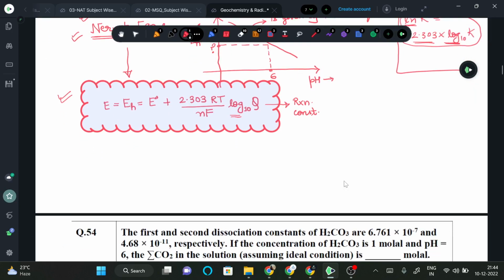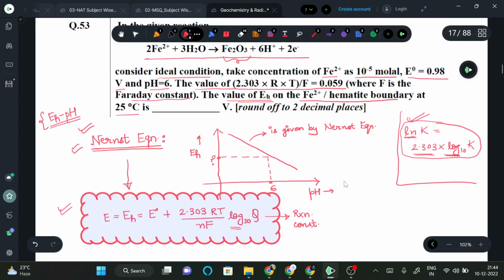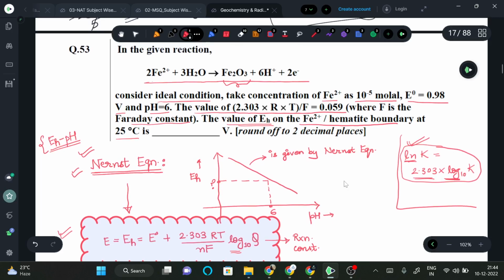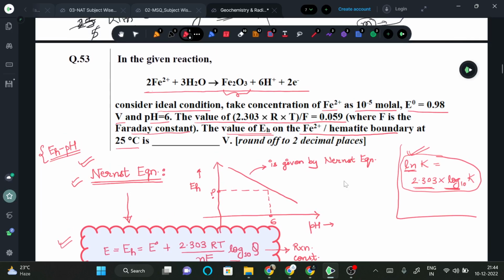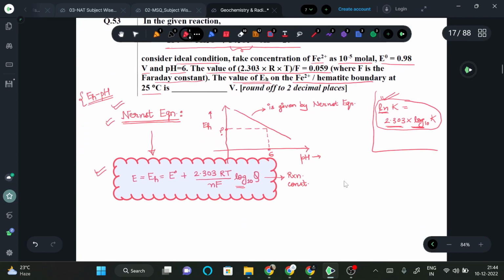Now, if we have a look at the question once again, what reaction we have and what can we do around here. Do we have E naught? Yes, we have the E naught value over here, 0.98. We need to know the corresponding EH. We also have the value of pH.